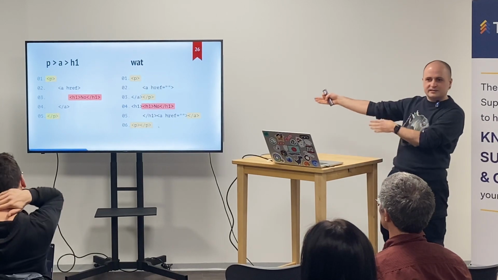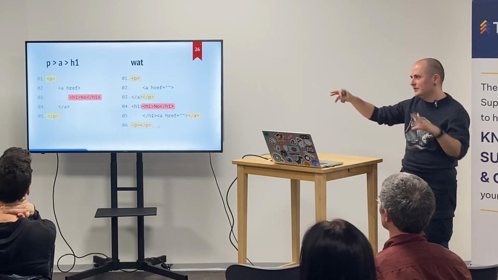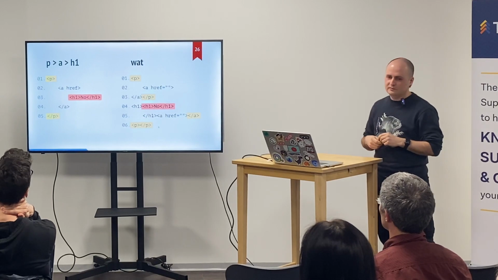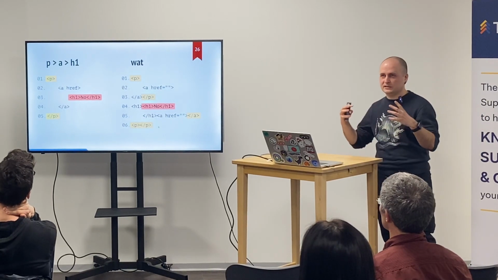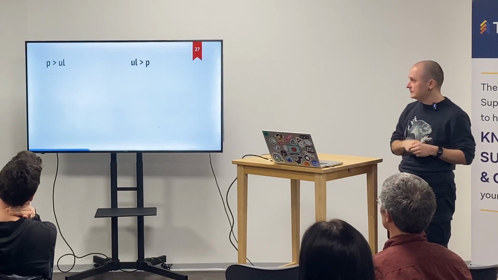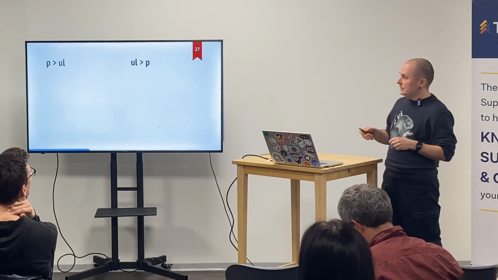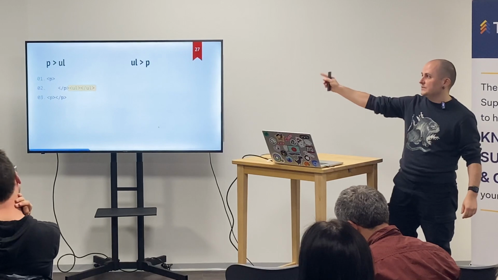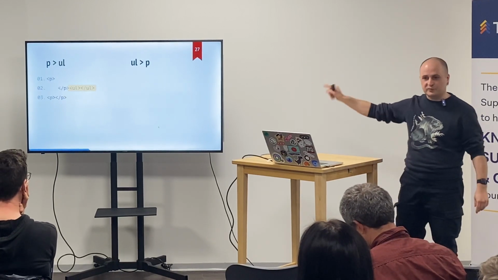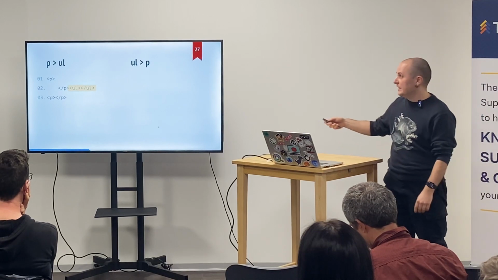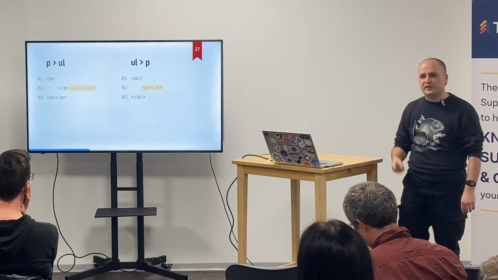You're going to have a mess inside of your nice HTML structure. This is one of the reasons why you're not supposed to nest wrong tags in the wrong places. And if you nest UL inside of P, it will jump out of P and will create another P under it. But if you nest P inside of UL, nothing's going to happen.